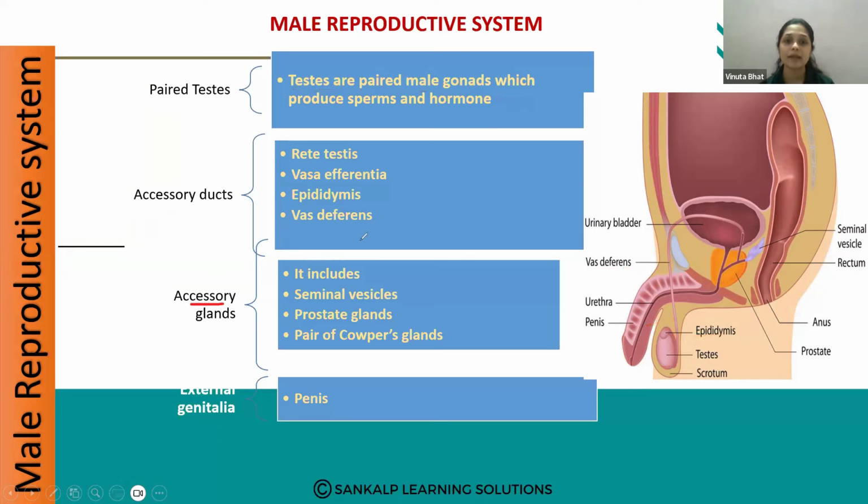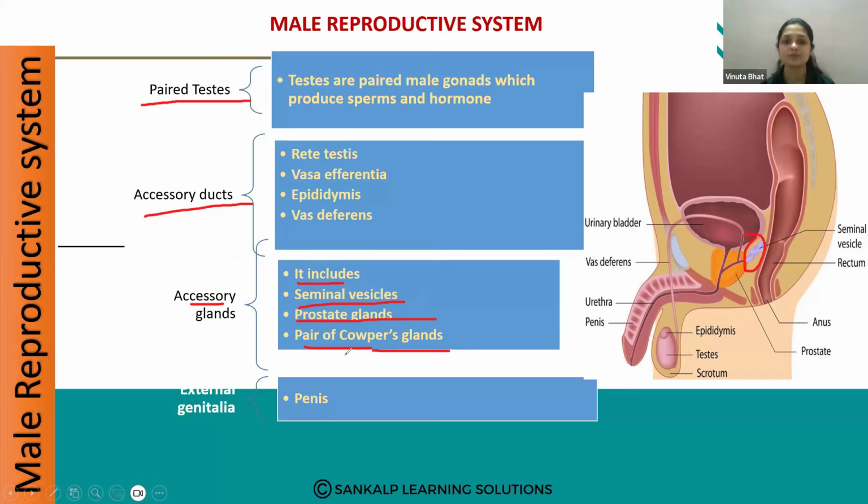What does the male reproductive system include? It contains the paired testes, accessory ducts and accessory glands. The accessory glands include the seminal vesicle, the prostate gland, and a pair of Cowper's glands, or bulbourethral glands.